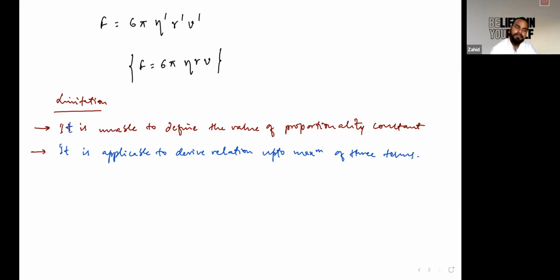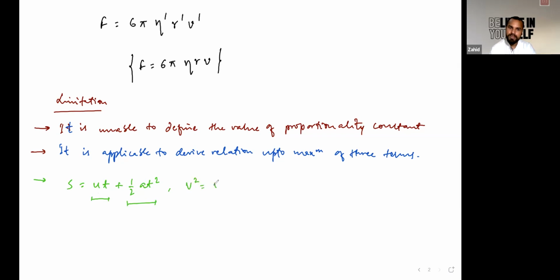Next is, we have certain relationships which contain plus or minus. Suppose s is equal to ut plus half at square, in which this term and this term are related by plus sign.